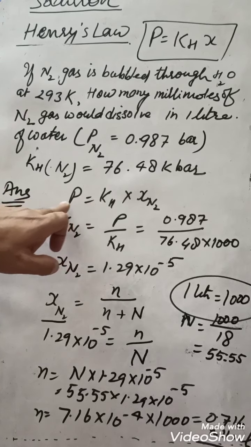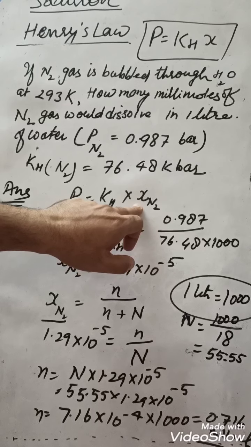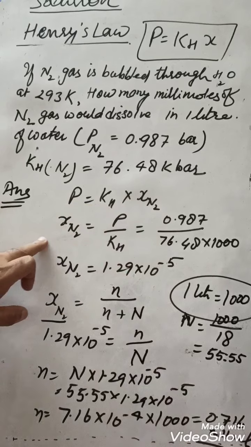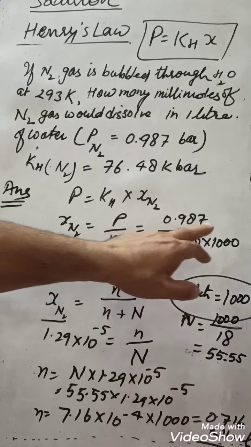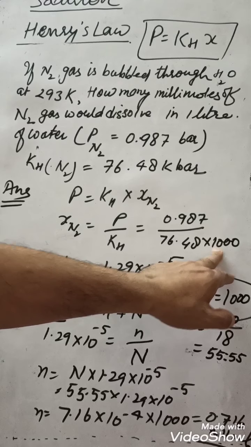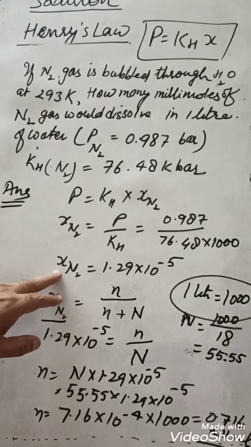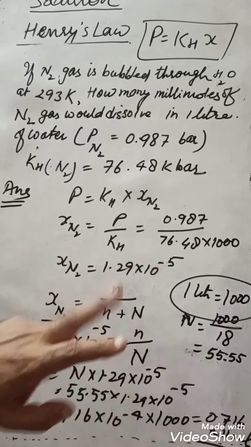Henry's law constant is given, pressure is given, and we have to find the mole fraction of nitrogen using this formula. This value is given in kilobar, this value is given in bar. So kilobar multiplied by 1000 will change to bar, and the mole fraction of nitrogen gas in that solution will be this.